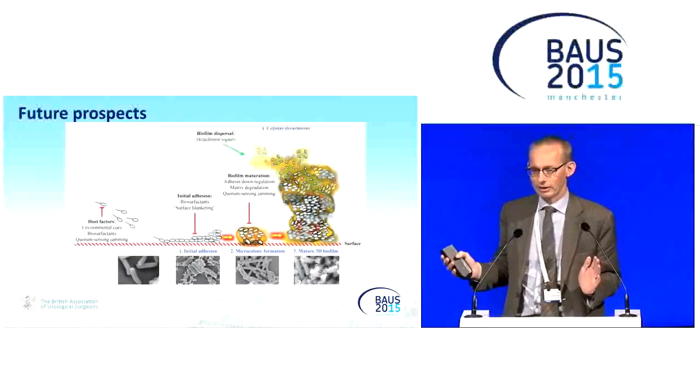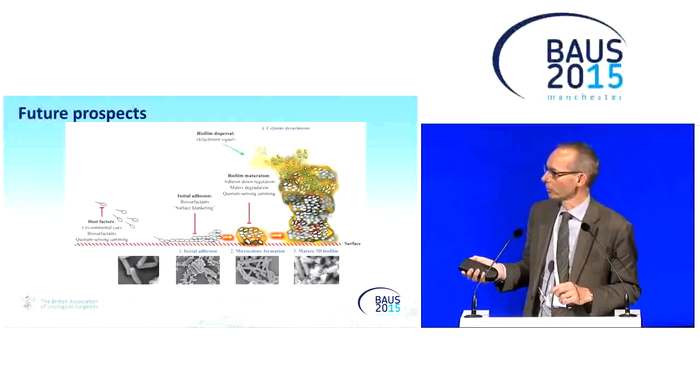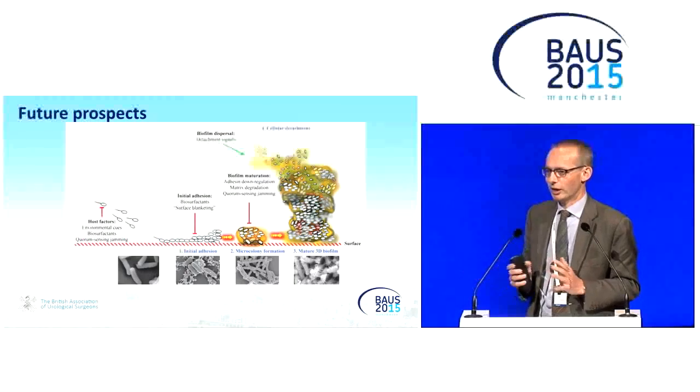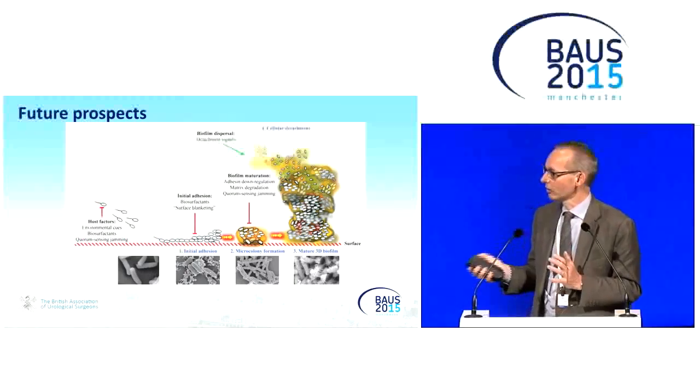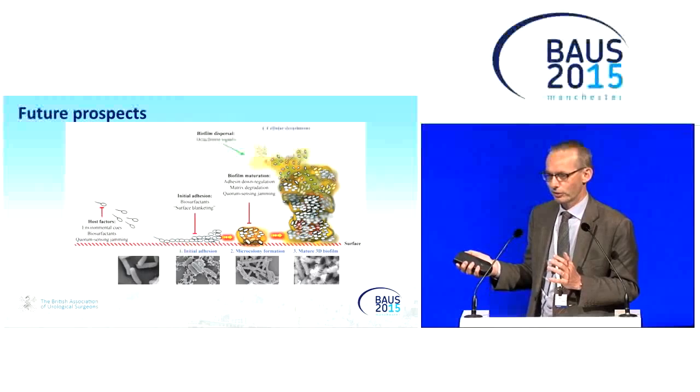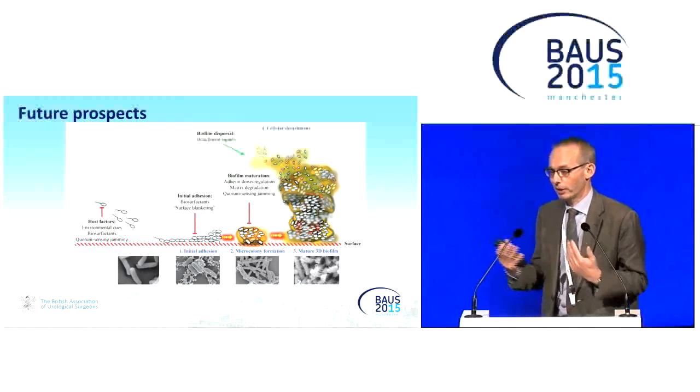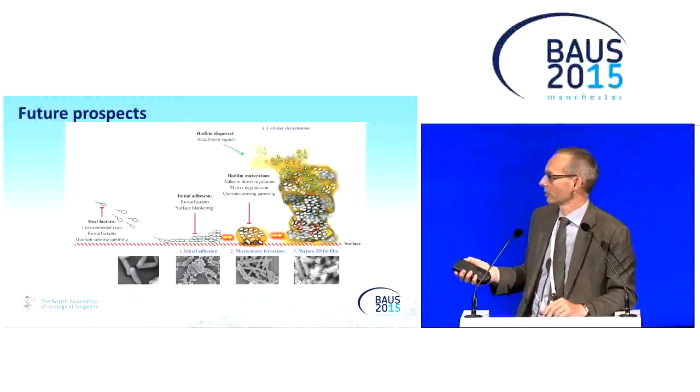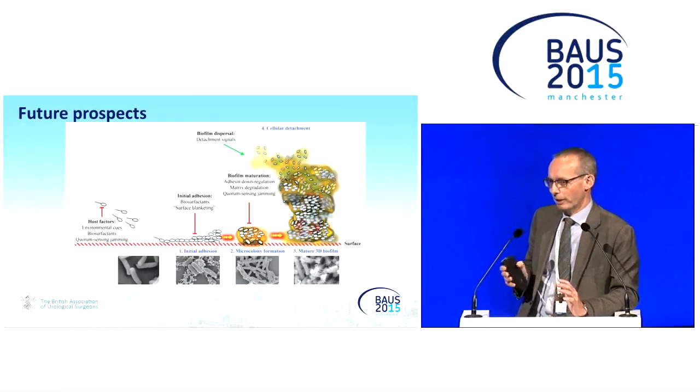Rather than trying to eradicate it completely, because that's probably going to be impossible, you've got to try and induce a stable population. So you can try and put a layer of bugs on there that will inhibit other bugs coming and taking part in the biofilm. And there's a lot of work going on about how bacteria interact and how you can prevent them interacting. Some things that can be tried are inhibiting bacterial adhesion.